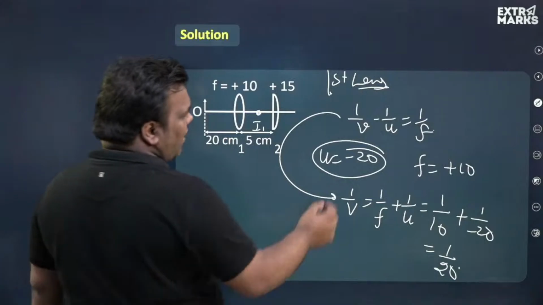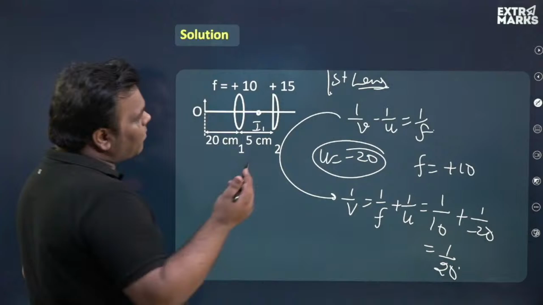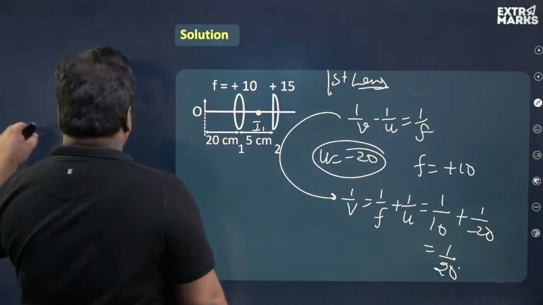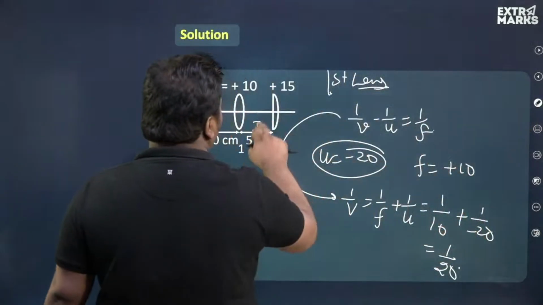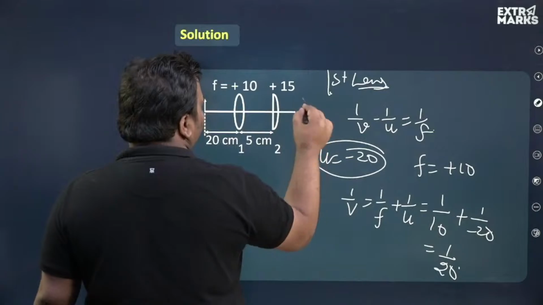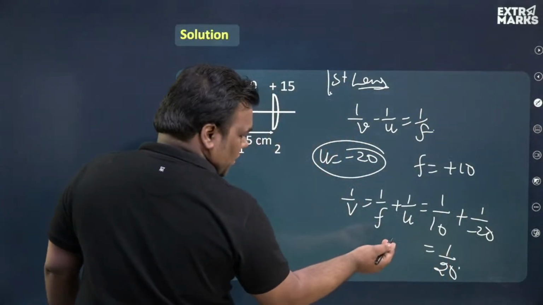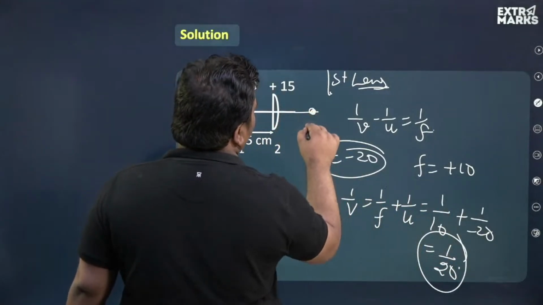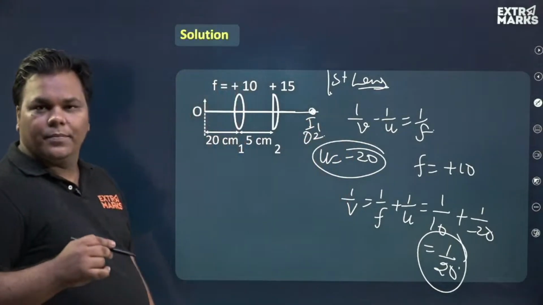It's as simple as that. Now 1 by V, that means you need to calculate V, minus 1 by U is equal to 1 by F. But my 20 centimeter will not be here, it will be like that. Okay, I think that was correct. So 20 centimeter, that means I1, or you should say O2, will be like here.